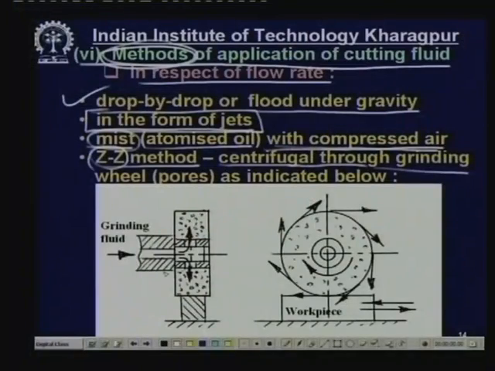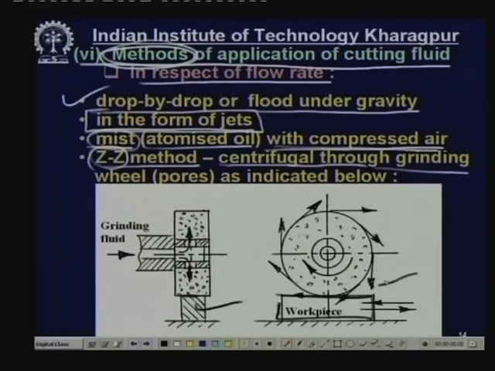What is the principle? The principle is that it is applied in the grinding process. Suppose this is the job, and this is the surface of the job which has to be finished by grinding, and this is the other view, the side view, with the workpiece and the grinding wheel.